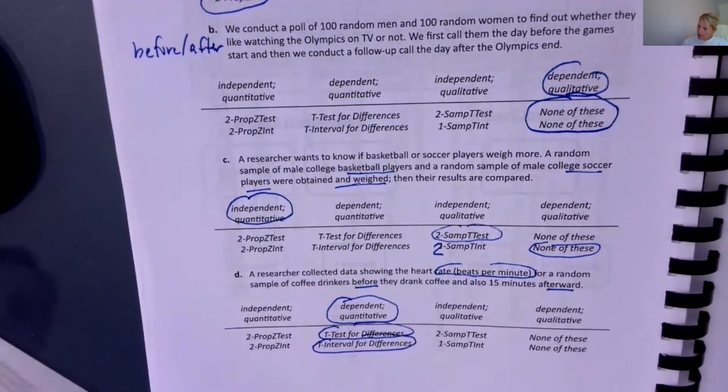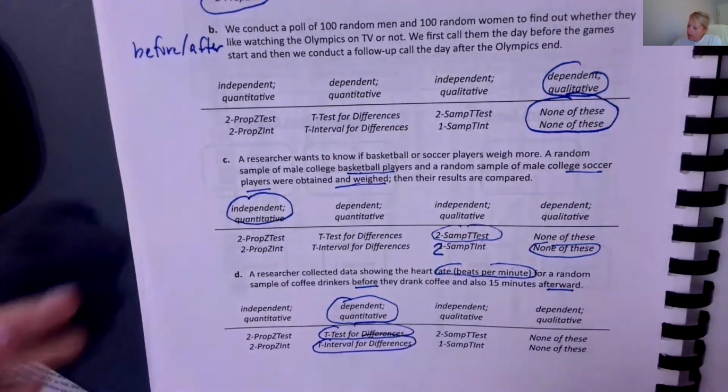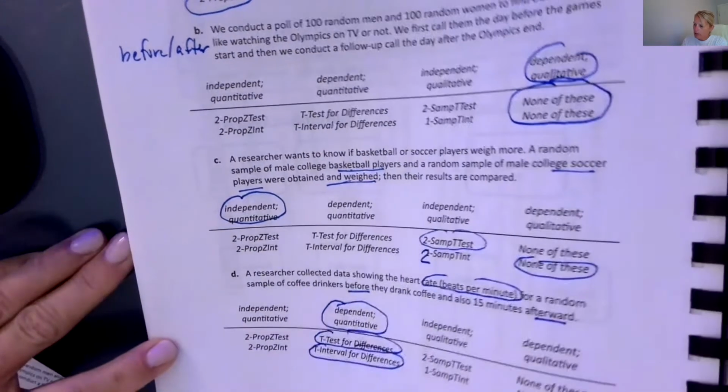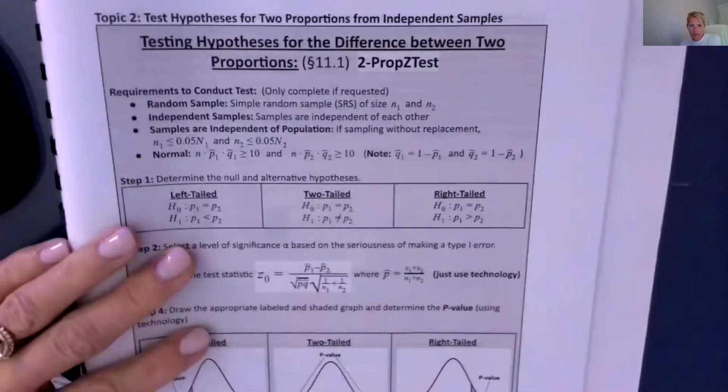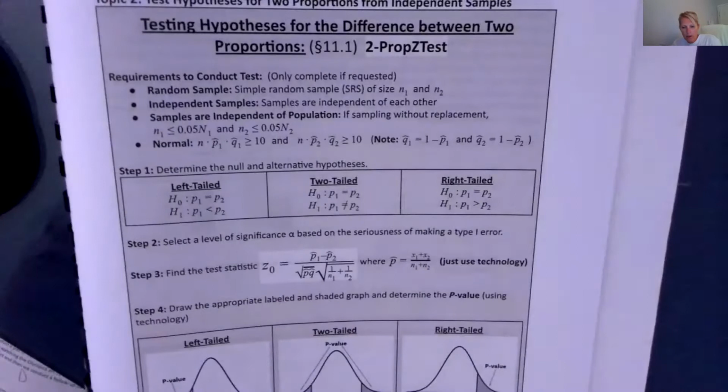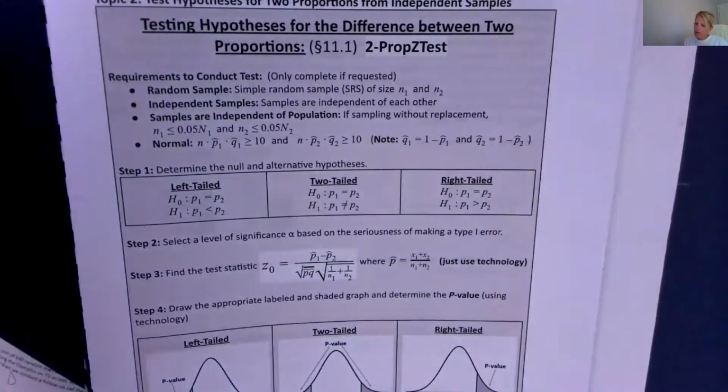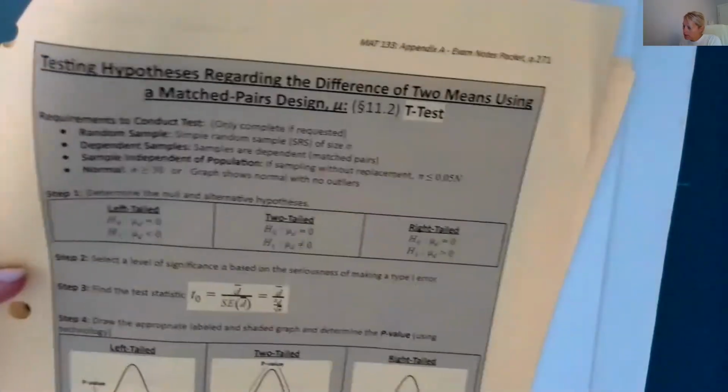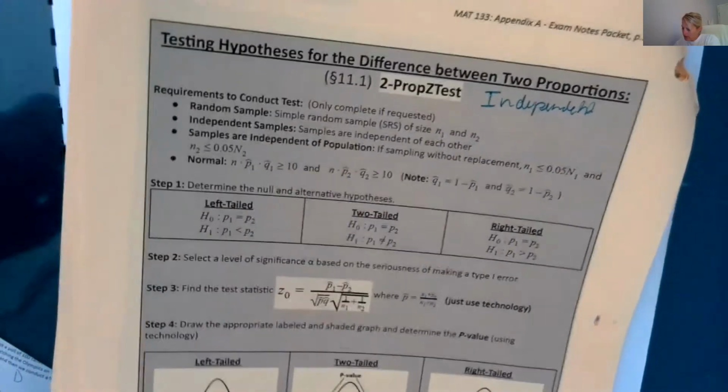So let's look at our first hypothesis test for 2 samples here. On page 241, it shows you what's also in our yellow sheet. So let's just go to our yellow sheet here on the 2 prop Z test for independent samples. It's on page 270 in the gold sheets.